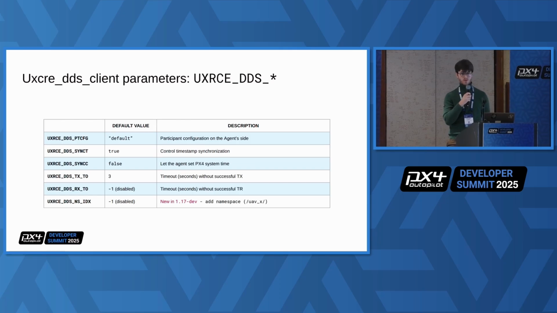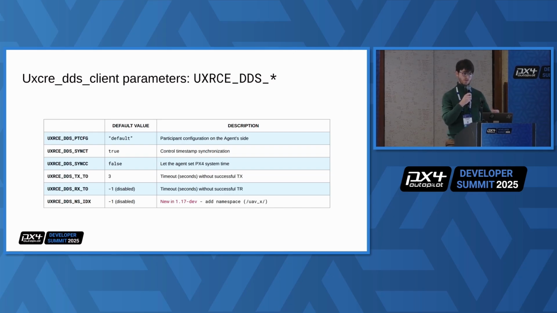You have 2 parameters to set timeout watchdogs. If nothing is being transmitted or received, you can basically reboot the client. And finally, in 1.17 alpha, a namespace index parameter has been added, which lets you add a namespace without having to manually start the client through the startup files of PX4.